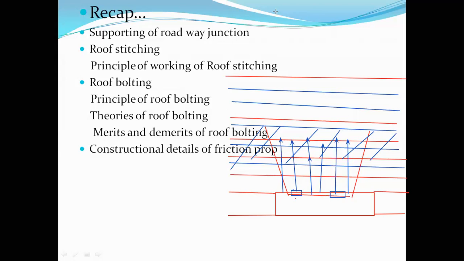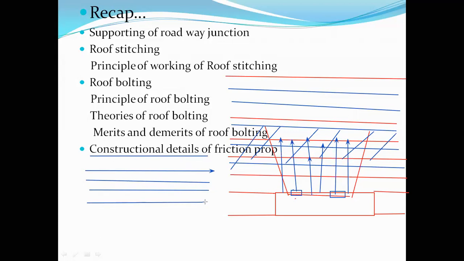basically what happens is the layers present above the opening, as individuals, are weak, like this. As an individual, they are weak. But if I join them together, they'll form a kind of composite beam, which is self-sustaining, strong enough that they can sustain on their own.